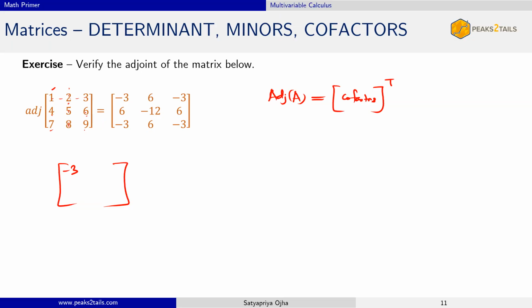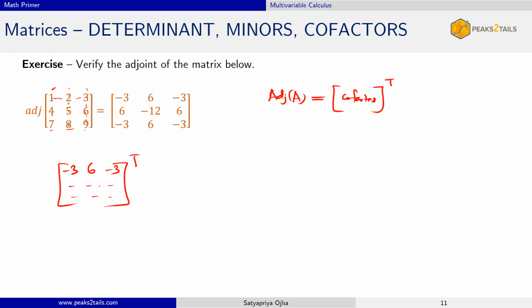Minus 6 times minus 1, right? So plus 6. Nice. And the last one, let's do it for 3 and then you can try out the rest. 32 minus 35, minus 3. Minus 3. Correct. You can fill up these ones.